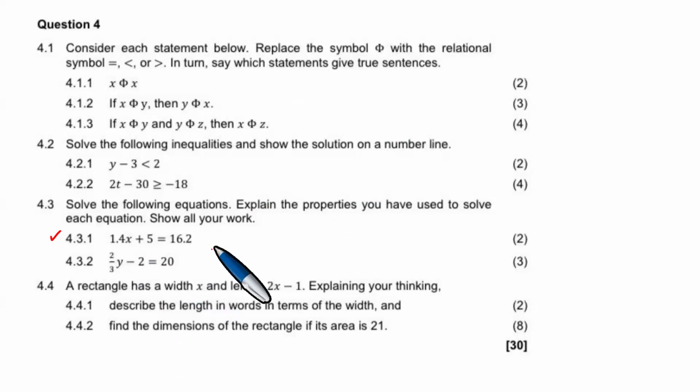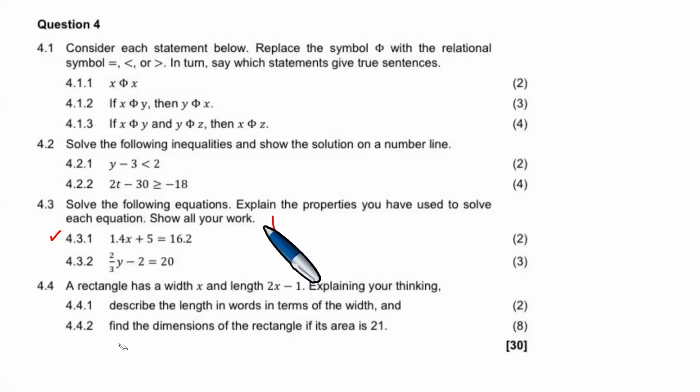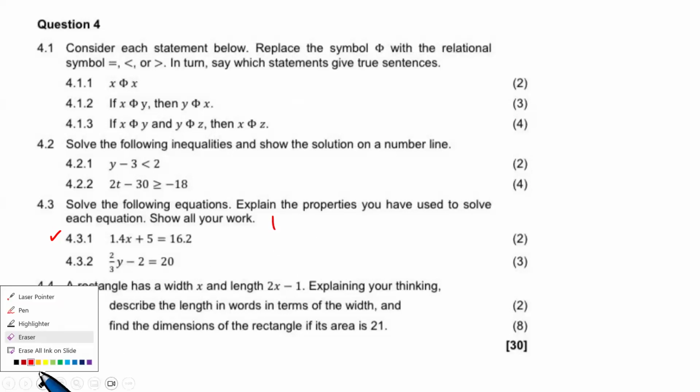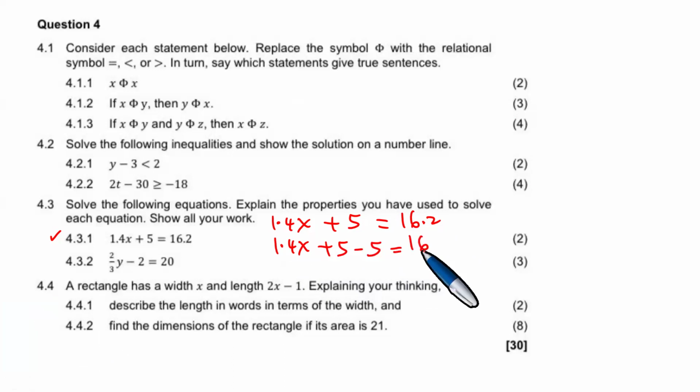In 4.3.1, we have 1.4x plus 5, which is equal to 16.2. So we have 1.4x plus 5, then minus 5 equals 16.2 minus 5.